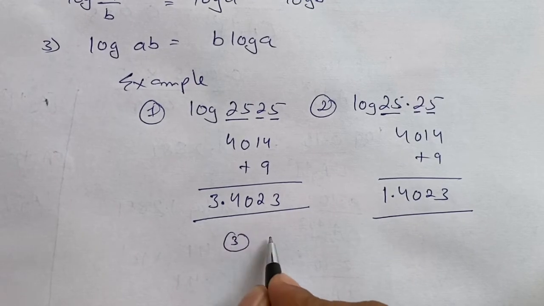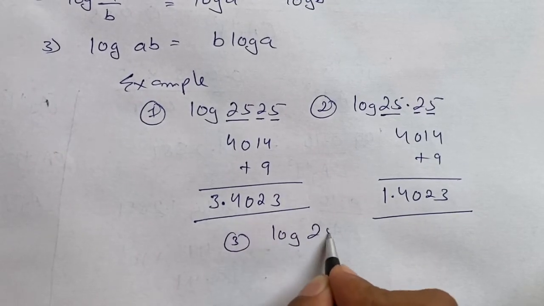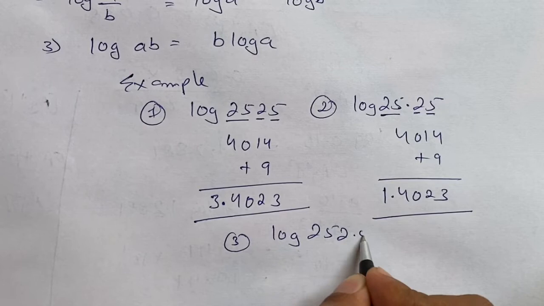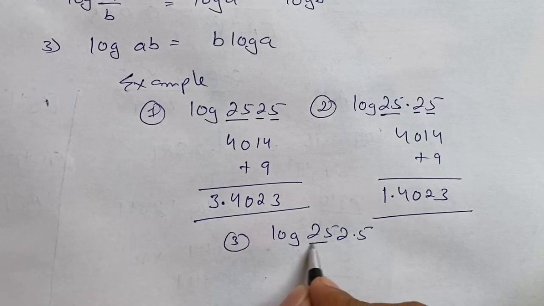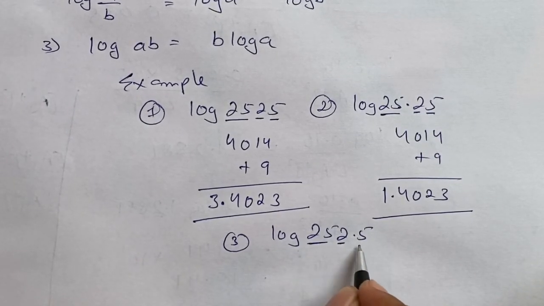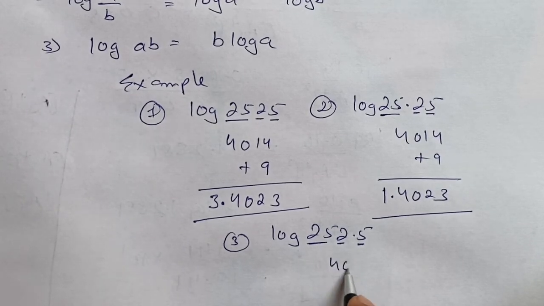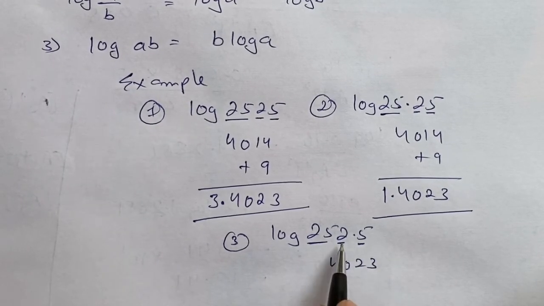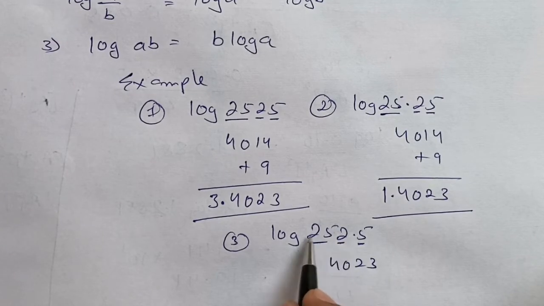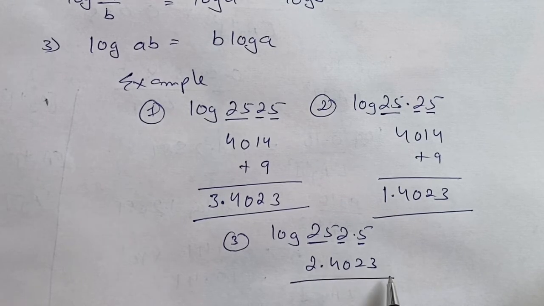Taking another example, log 252.5, pairing it up 25 2 5. Same, it comes to be 4023. Before point there are 3 digits. 3 minus 1, it comes out to be 2. So 2.4023 will be the final answer.